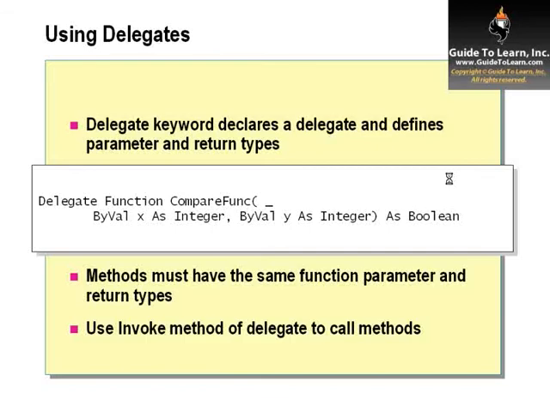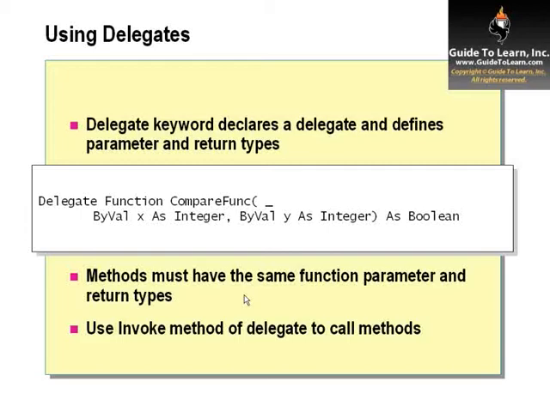The Delegate keyword declares a delegate and defines parameters. Methods must have the same function parameters and return type, and then you use the Invoke method in order to call the delegate. As you see in this example on page 65, we have a simple test. We are declaring an instance of our compare function.